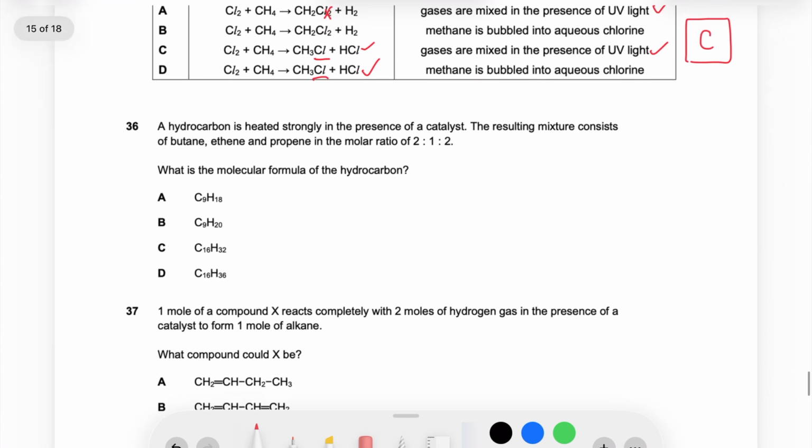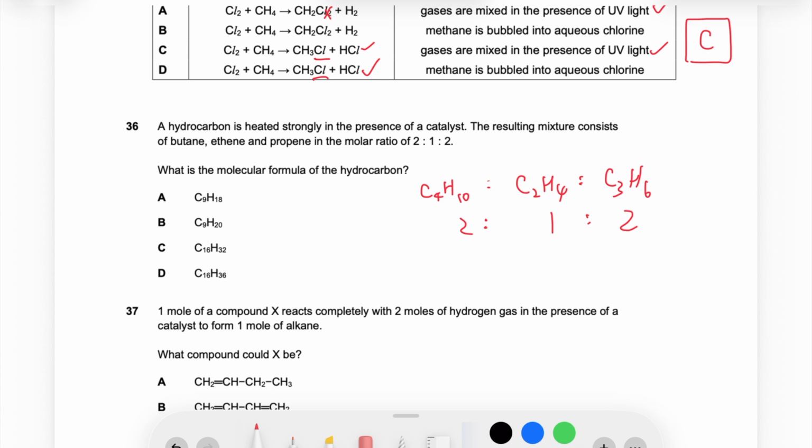36. A hydrocarbon is heated strongly in the presence of a catalyst. The resulting mixture contains butane, ethene, and propene in the ratio 2:1:2. So butane is C4H10, ethene is C2H4, propene is C3H6. It's 2, 1, 2.